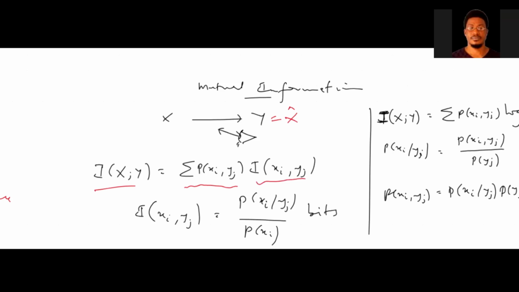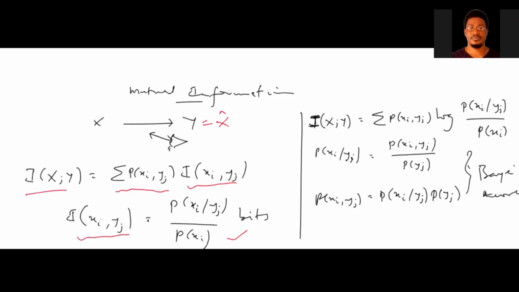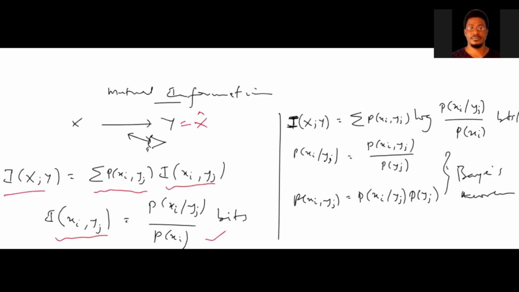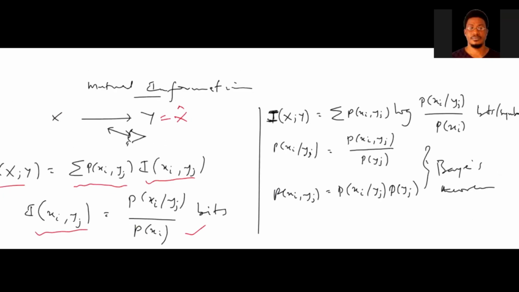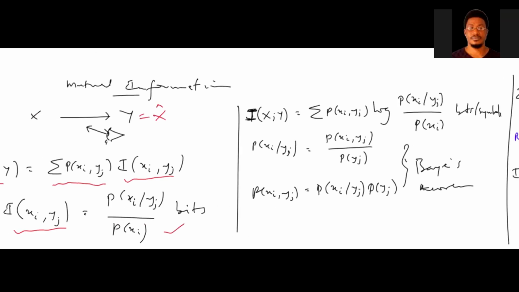And now we have that I of S sub i, Y sub j is the same as the probability of X sub i given Y sub j over the probability of S sub i, bits. Okay? So now we can plug this expression into this and see what the mutual information gives to us.